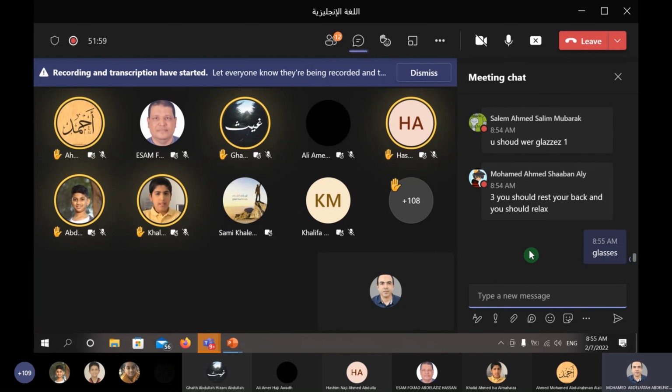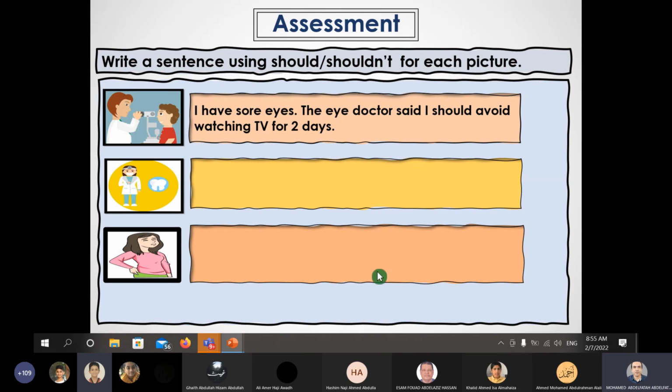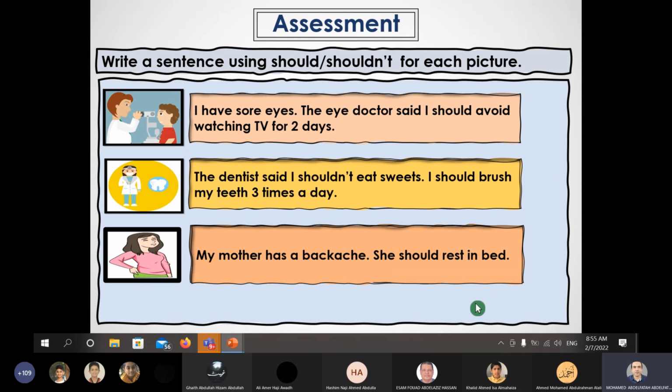Bravo, students. Bravo. Now, students, I have got a model answer. Okay, I will read them at the beginning and then I will choose and pick one of you to read again. Get ready. Number 1. I have sore eyes. A problem with my eye. I have sore eyes.